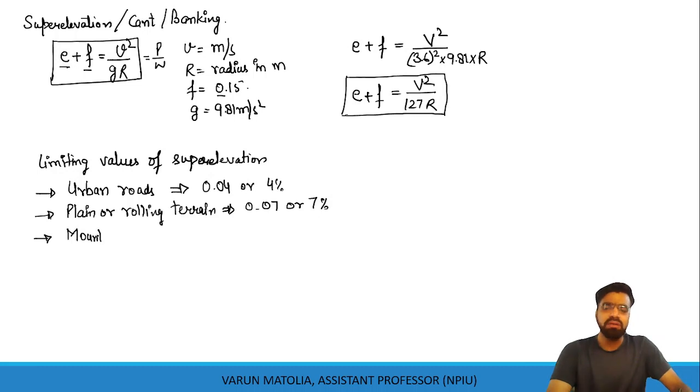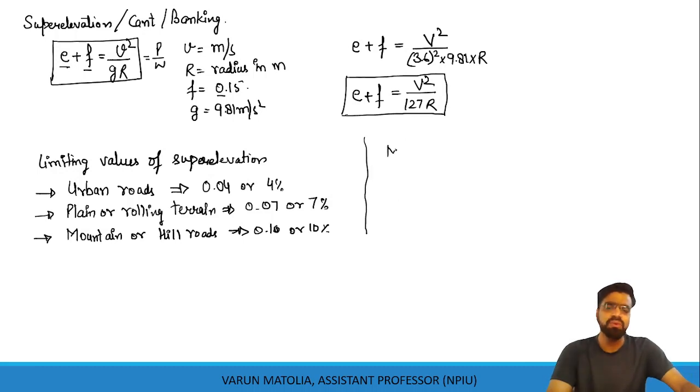For mountain or hill roads, the value is 0.10 or 10%. These are the maximum values of super elevation which can be used.